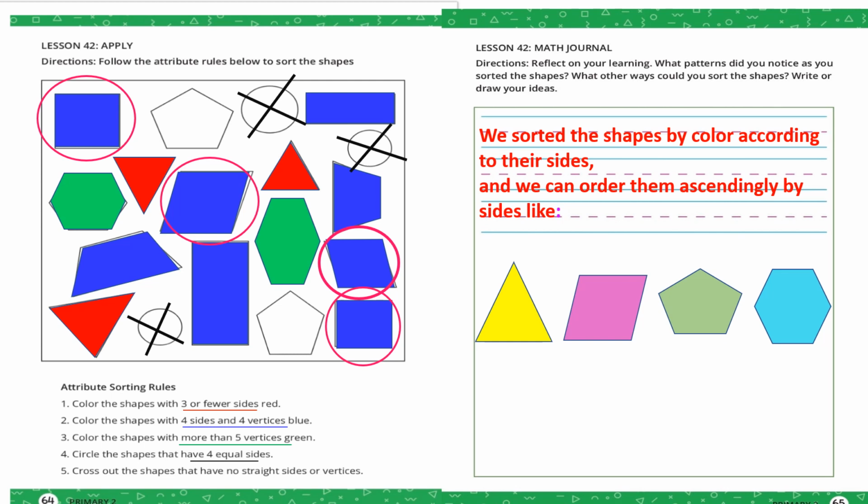We sorted the shapes by color according to their sides, and we can order them ascendingly by sides like this. We will draw a triangle, rhombus, pentagon, hexagon. They are arranged in ascending order from the smallest number of sides to the biggest.